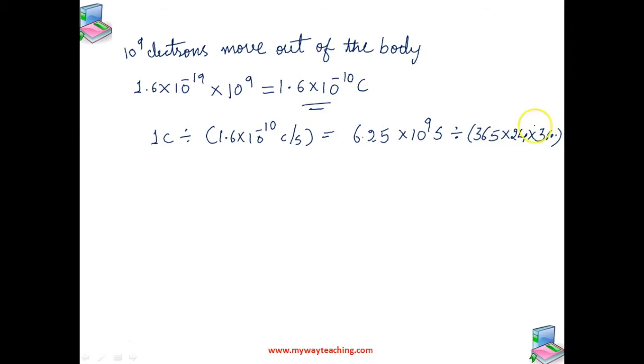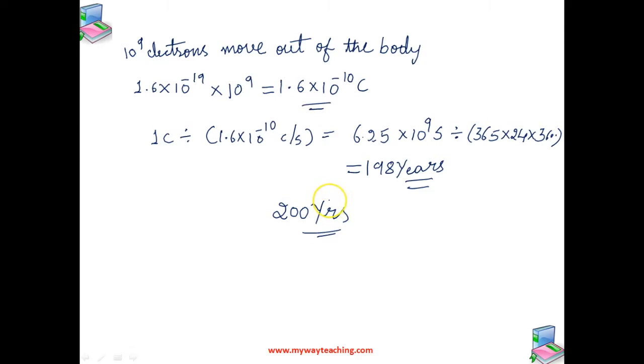This is the total time of the year. So that is equal to 198 years. So to collect a charge of 1 coulomb from a body from which 10 raised to 9 electrons move out every second, approximately we need 200 years.